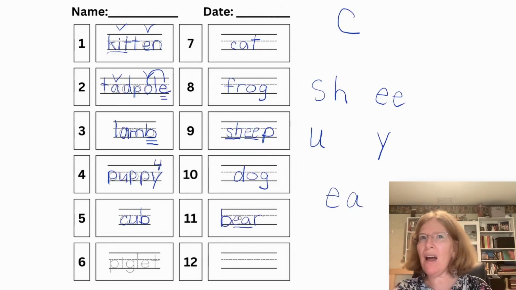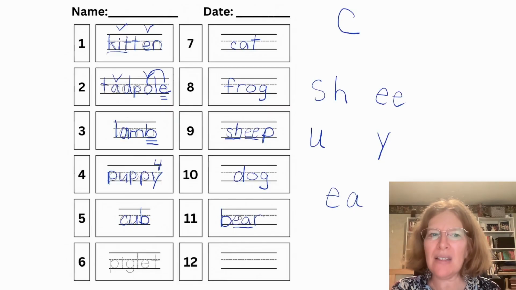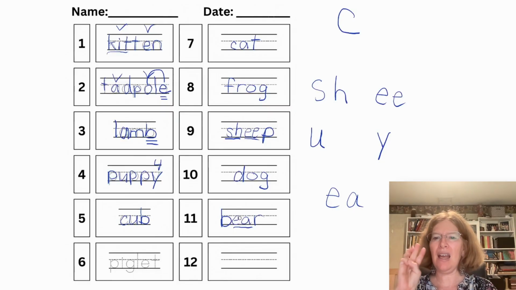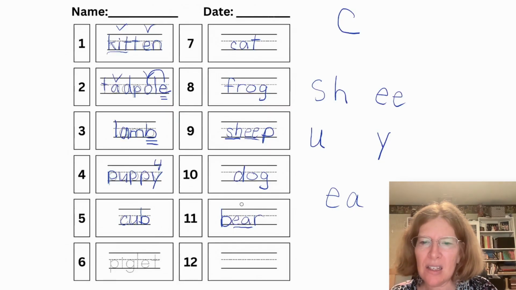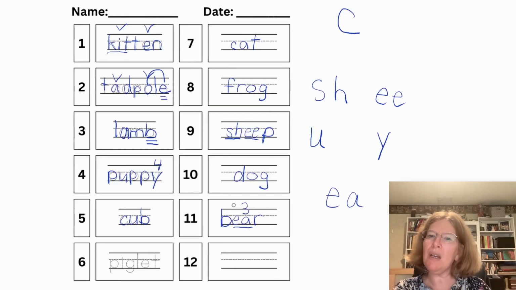That's right. Why? It's a multi-letter phonogram. What sound is it saying? E-A. It's saying its third sound, so we put a 3 above it because it's saying its third sound. Notice we mark the letters that say the sound that is not their first sound.